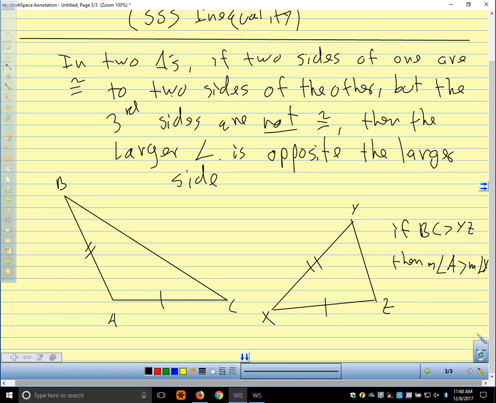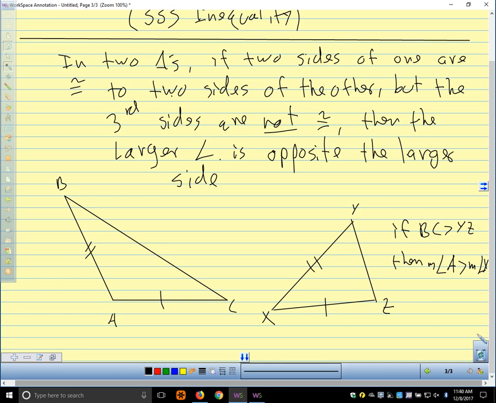And we would know that the corresponding parts of congruent triangles are congruent. But that's a contradiction because we said one is bigger than the other. So they can't be equal. That's a start on how we would prove it. Then we'd also assume that the one is less than the other, and we'd get a contradiction that way as well. I just wanted to let you know why we're talking about this after indirect proof.